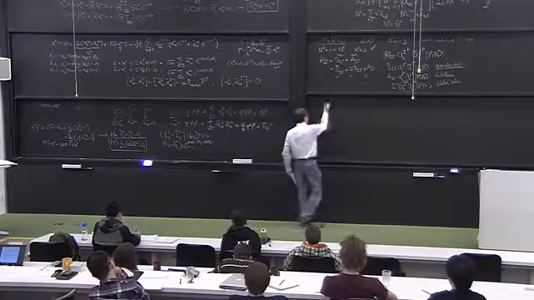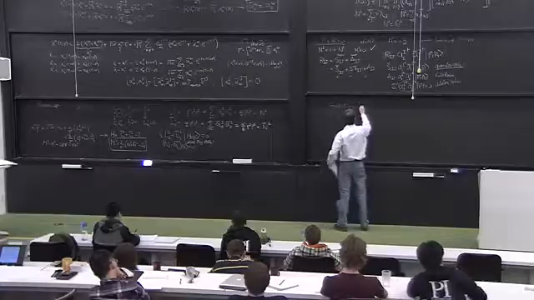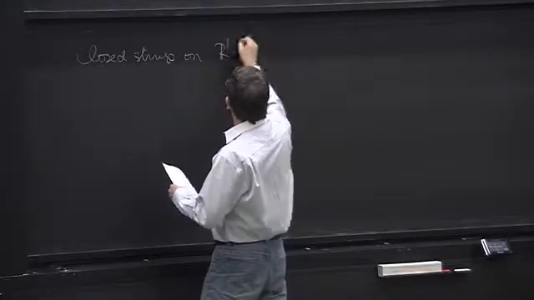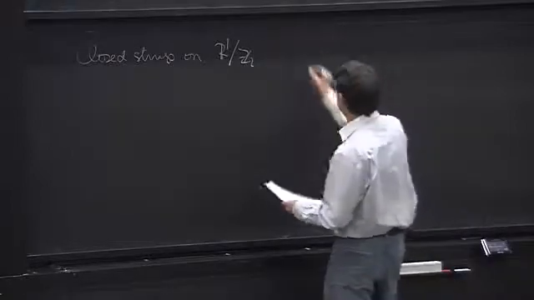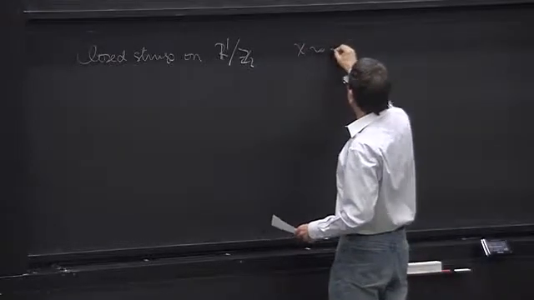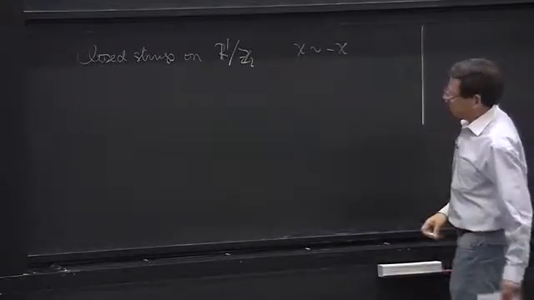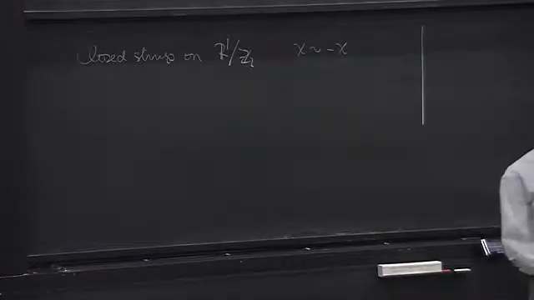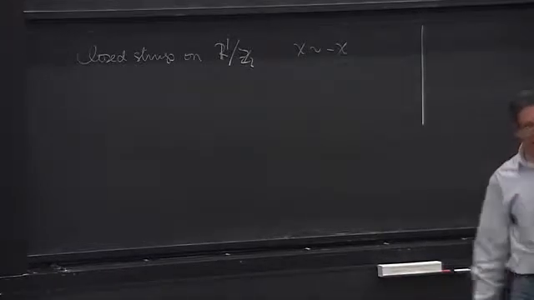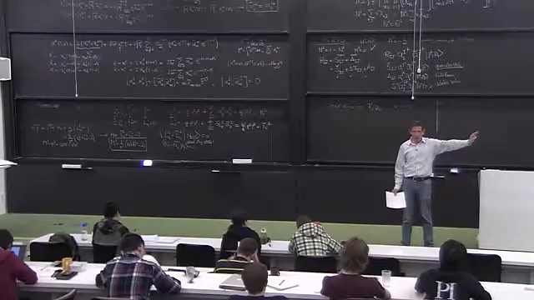Closed strings on R1 over Z2. What was R1 over Z2? It was the real line where you let x equal to minus x, so it's half the line. Now, strings live in many dimensions, so you're going to do the orbifold in just one dimension. You're going to take one of the many spatial dimensions of string theory and just orbifold in one.